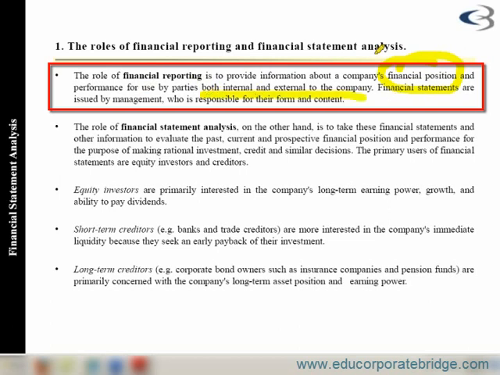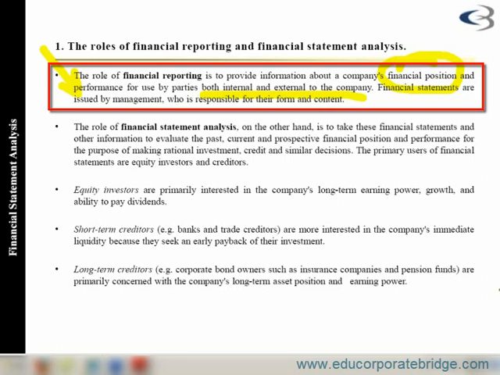That is, if a shareholder has put some money in the company, he has every right to know what has happened with that money. A debtor to whom we are selling goods, a creditor from whom we are buying goods, is supposed to see the financials of this company so that he understands whether it's good to sell goods to this company on credit or not.